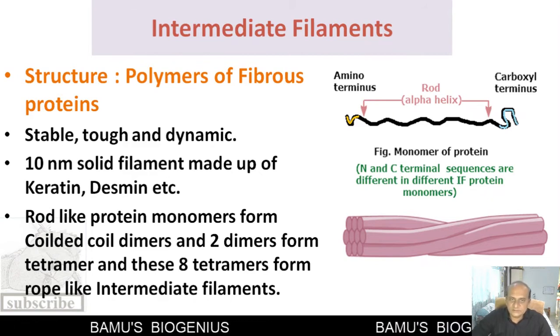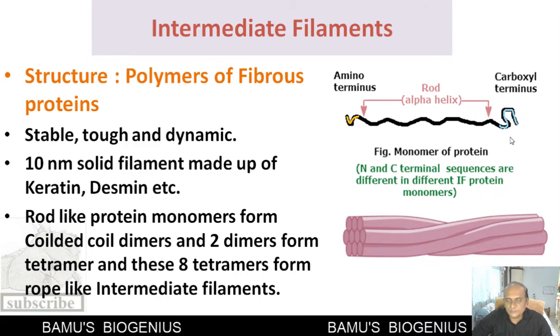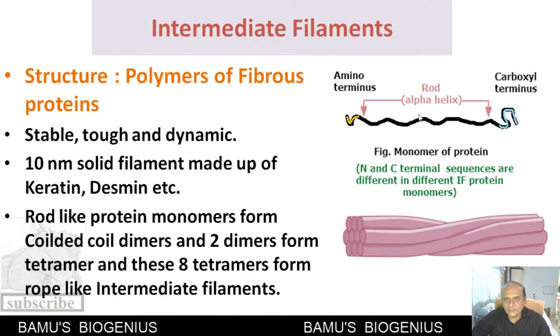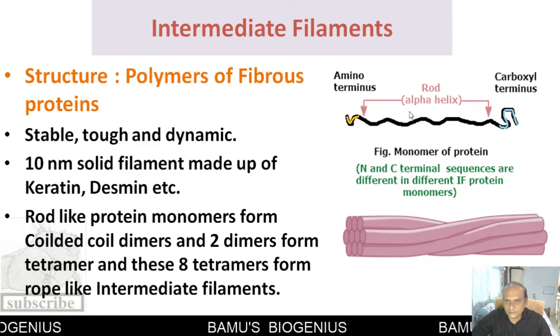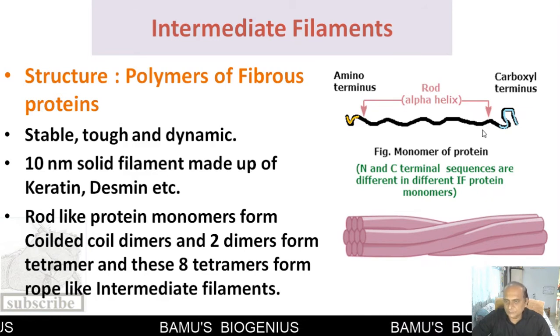Now what is this fibrous protein? You can see here, this is a protein, and we know that each protein has an amino terminus and a carboxyl terminus, and in between it is a rod made up of alpha helix conformation.